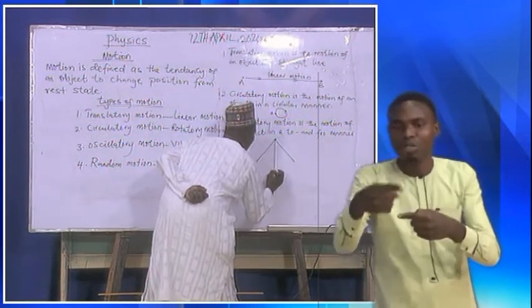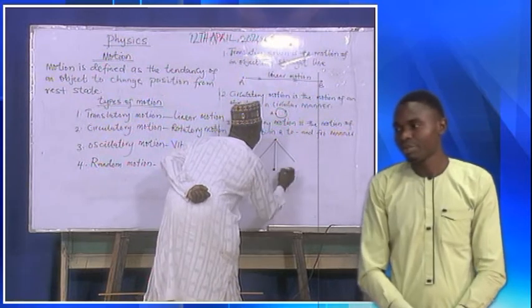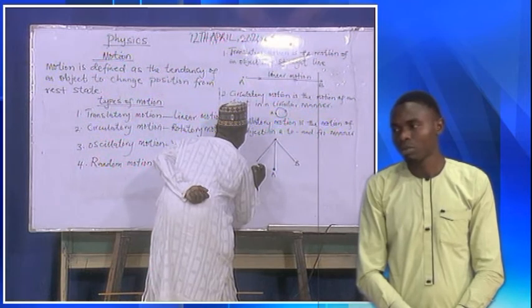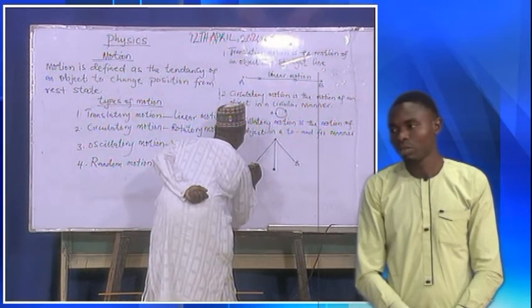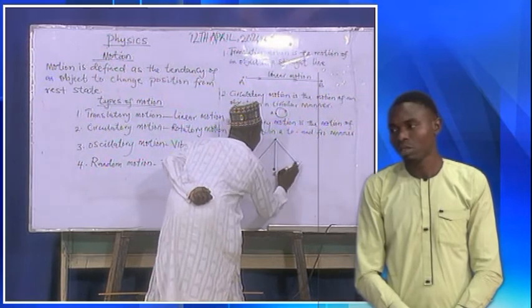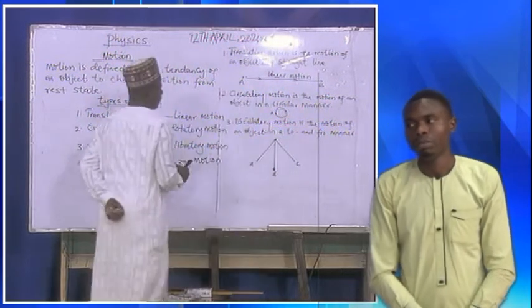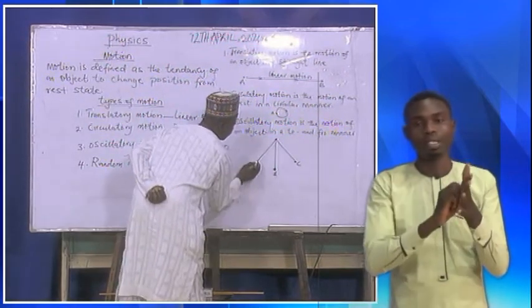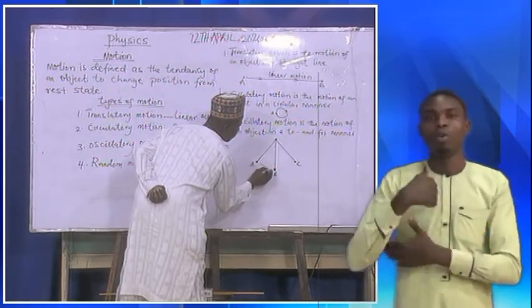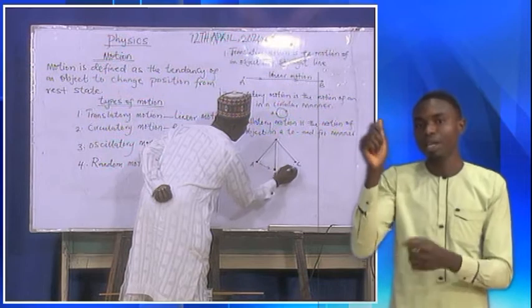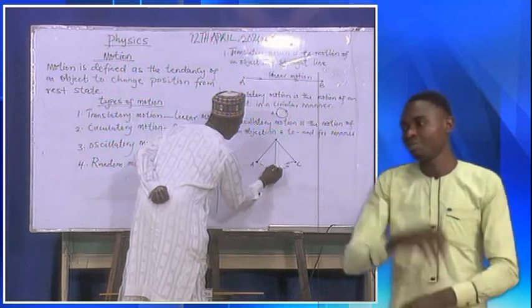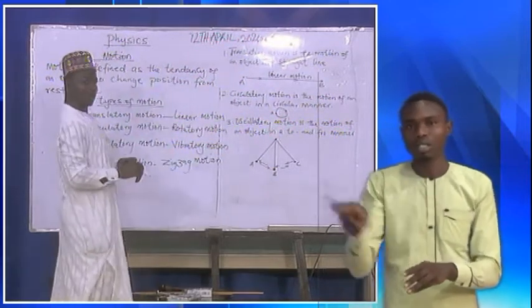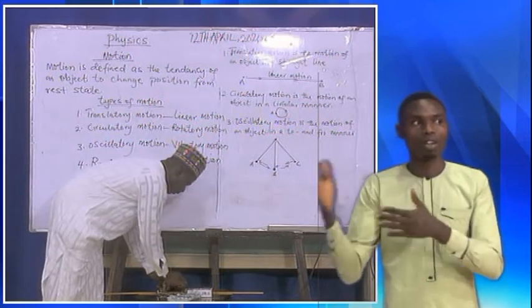For example, this is point A, point B, and point C. If this is an object starting from A, moving towards B, and then passing to C, and then coming back from C towards B to now A, it is doing what is called oscillatory motion, please.